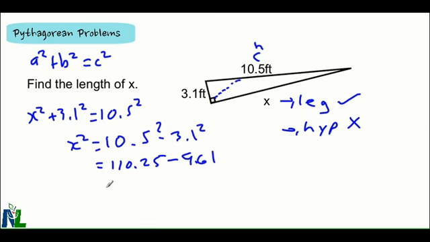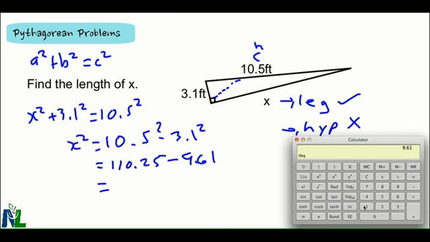So 110.25 subtract 9.61 equals 100.64. Okay. So I know I'm going to need to take the square root of that, so I'll just come back to that in a second.